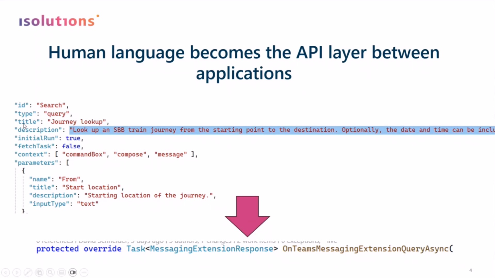But nowadays, we just need to put a proper description, and then Copilot wires that together and knows, okay, when I come with a prompt and I'm looking up a train journey, then I need to call this command, and then this calls this code. That's pretty amazing. And I'm thinking we're at the beginning of a journey, Copilot is evolving every day, and I'm really looking forward to what kind of solutions we can build in the future using this technology.